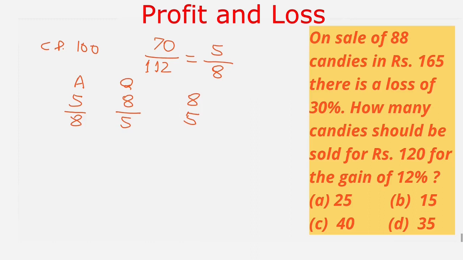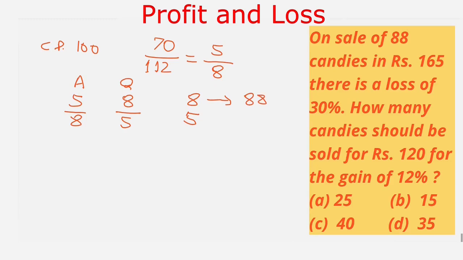Earlier we were selling quantity 8 and we were making a loss of 30%. If we have to make a profit of 12%, then for the same amount we have to sell quantity 5 instead of 8. Here 8 is equivalent to 88.